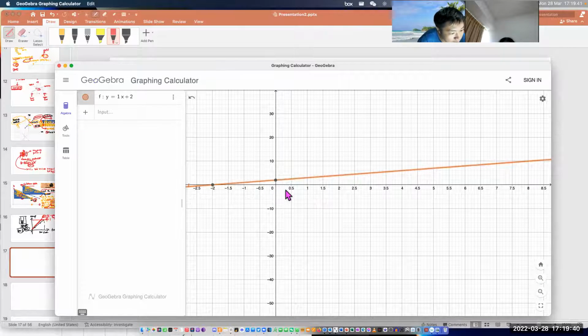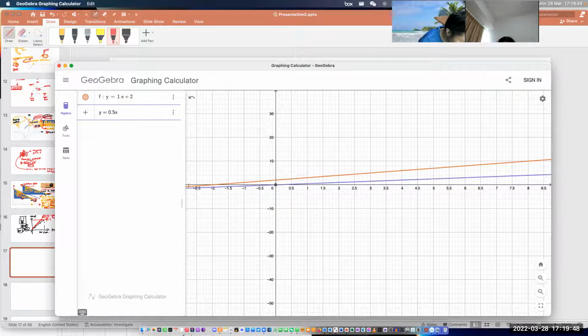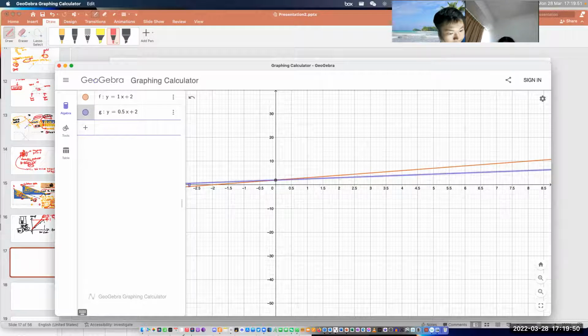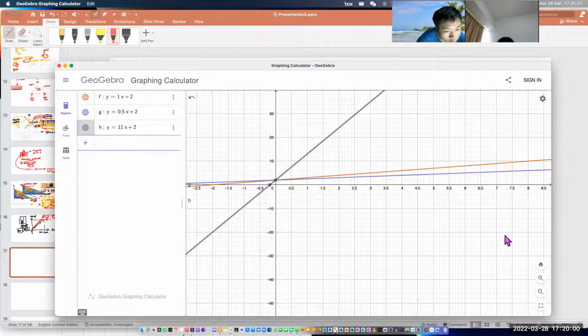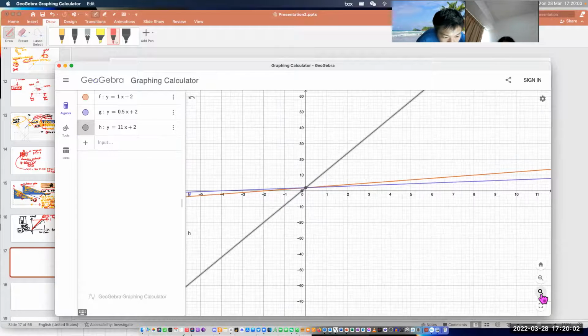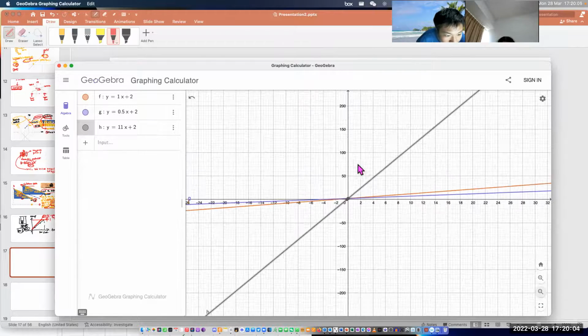Let me give it a smaller gradient: y = 0.5x + 2. Now give it a more dramatic one. Just now it was smaller, now it's bigger. I give it y = 11x + 2. Okay, what do you see here?